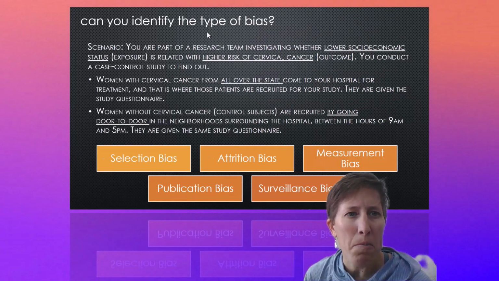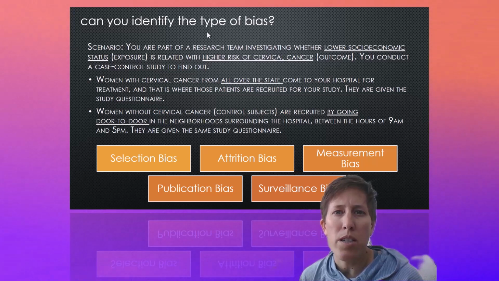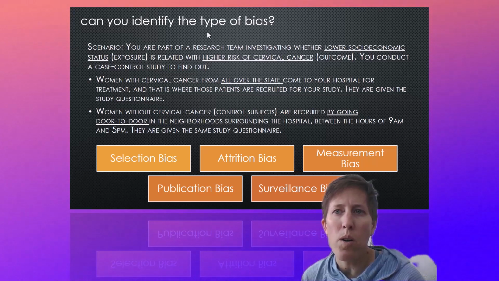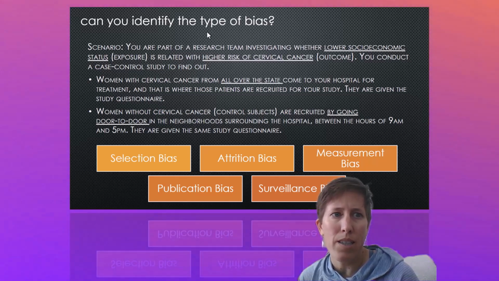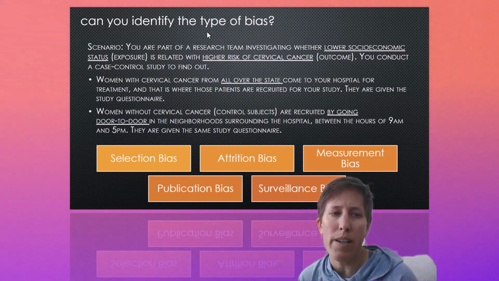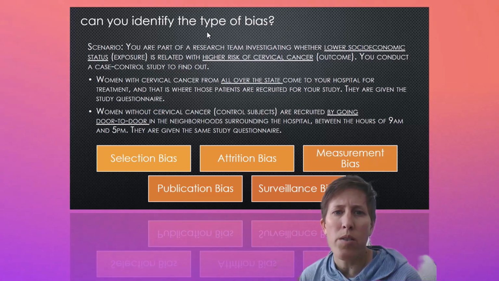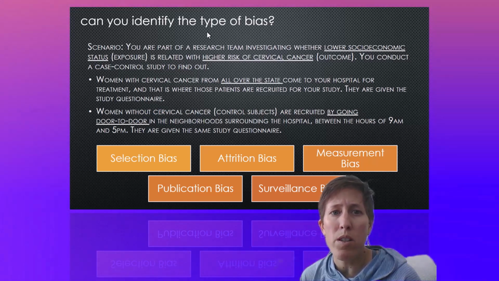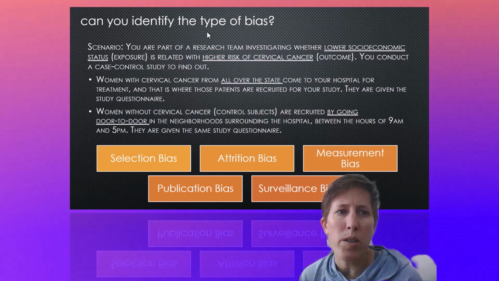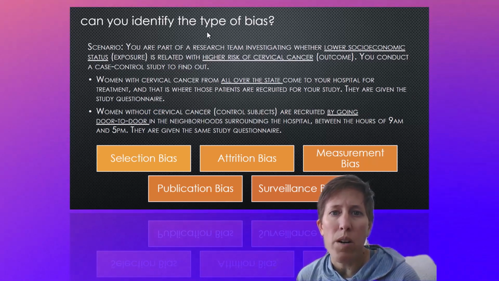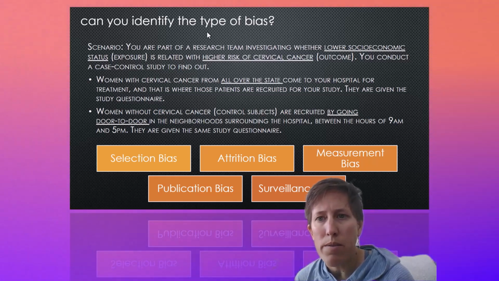Here's another scenario. You are part of a research team investigating whether lower socioeconomic status exposure is related with higher risk of cervical cancer outcome. You conduct a case control study to find out. Laid out below are the subjects. Women with cervical cancer from all over the state come to your hospital for treatment. And that is where those patients are recruited for your study.